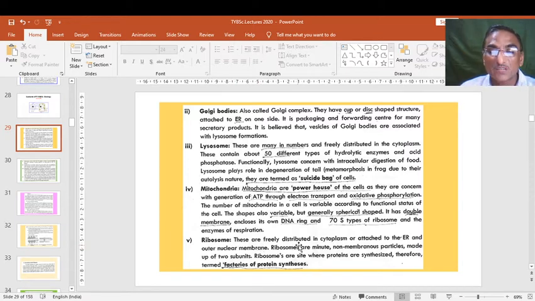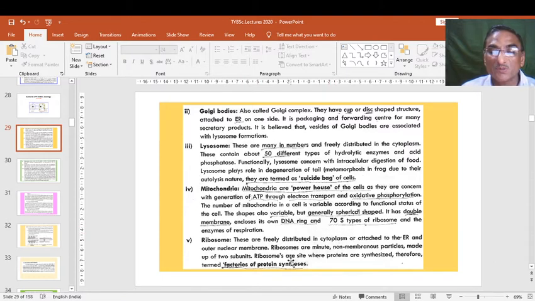Ribosomes are freely distributed in cytoplasm and attached to endoplasmic reticulum and outer nuclear membrane. These are very minute, non-membranous particles made up of two subunits. If they are 70S, it is 50 plus 30 subunits.